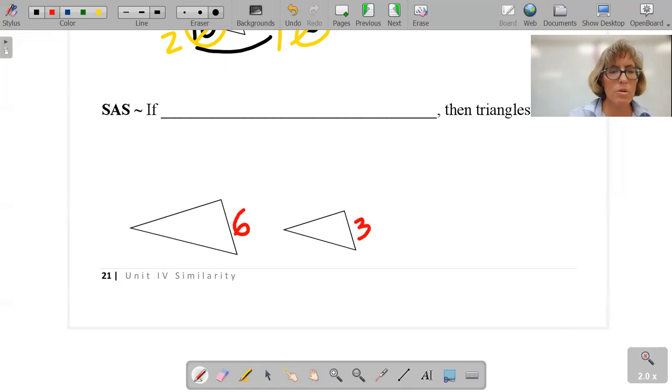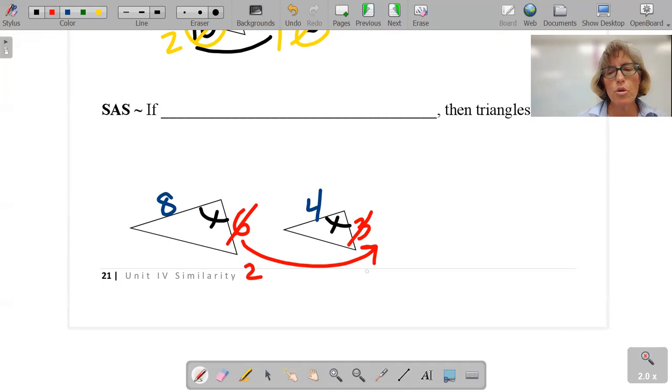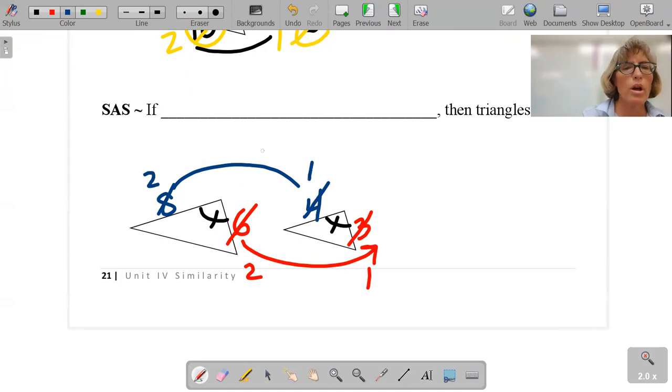You use the same numbers, 3, 6, 4, 8. So this one is side, angle, side similarity. It says this, congruent angle, that if you have a set of sides, if I reduce that, it's a 2-to-1, and another set of side ratios, if I reduce that, it's also 2-to-1.